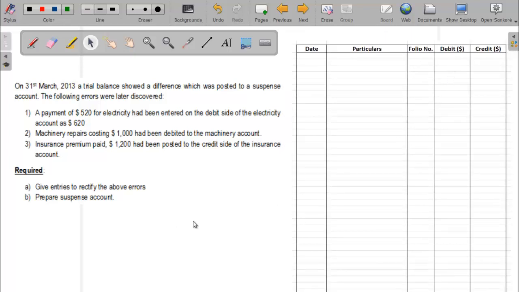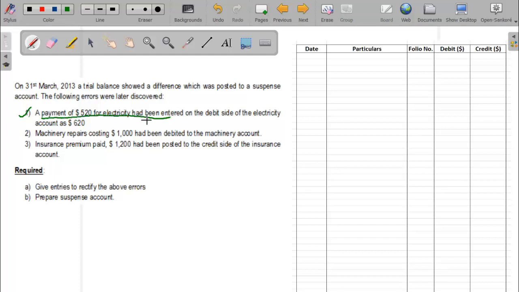So what is the first error? Payment of 520 for electricity. A payment of $520 for electricity had been entered to the debit side of electricity account as 620. So first make the entry for this.